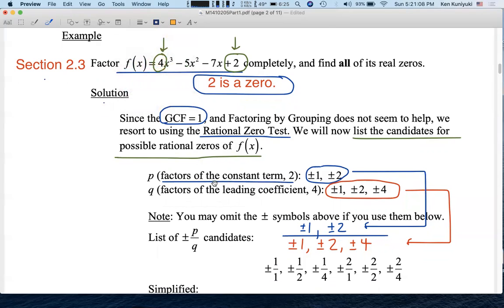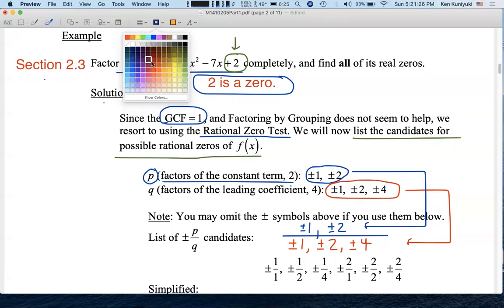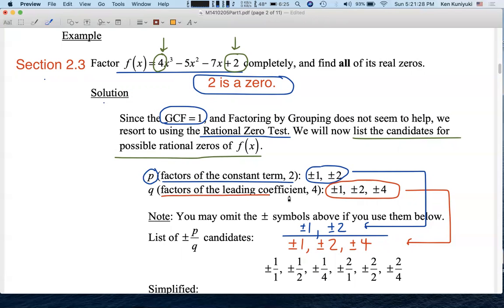And we're going to call the factors of the constant term, or the divisors of the constant term, the possible values for p. Now don't worry about the way we label these factors, p and q. The main thing is we're going to consider the factors of the constant term here, and then later on, the factors of the leading coefficient over here, which will be the possible values for q.